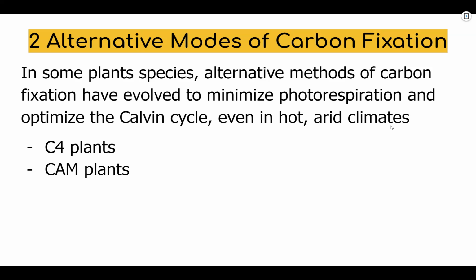So, the whole goal of this is to stop the plants from doing that wasteful process of photorespiration. How do we avoid losing our photosynthetic output? I say we, I mean plants.